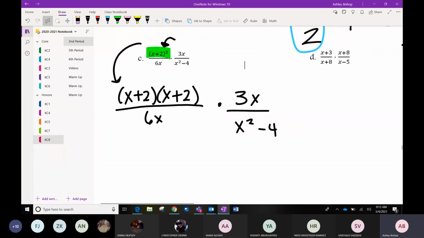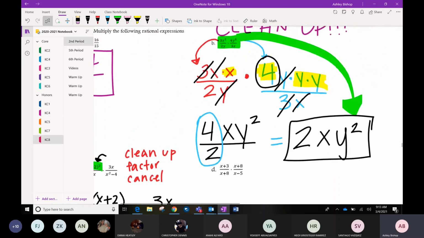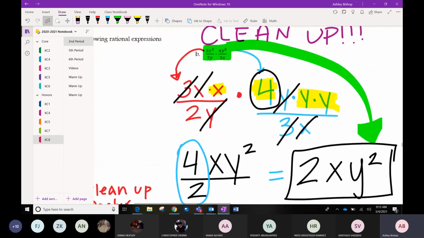So that's part of cleaning up. So you're going to clean up, factor, and cancel. Clean up, factor, cancel. Up here, we didn't have to factor anything because we were just dealing with expanding x squareds, y cubes, all that good stuff.